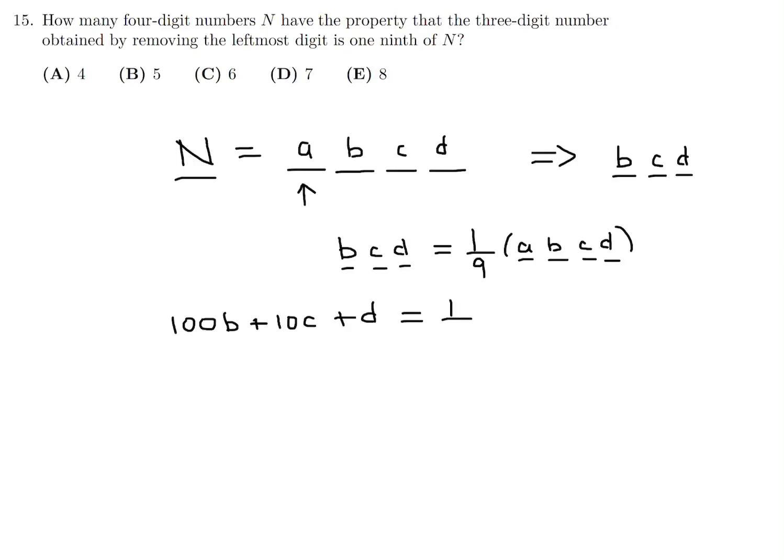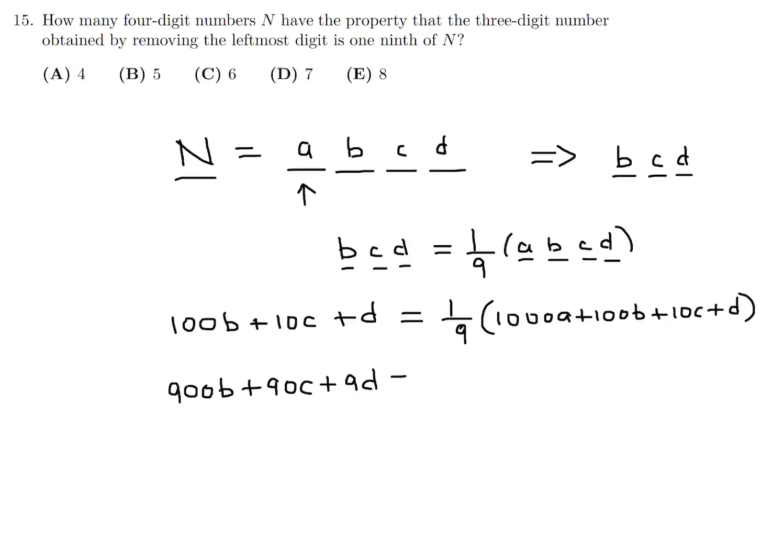And similarly, this on the other side is 1000A plus 100B plus 10C plus D, like that. All right? So cross multiply the 9, and you'll get 900B plus 90C plus 9D is equal to 1000A plus 100B plus 10C plus D.